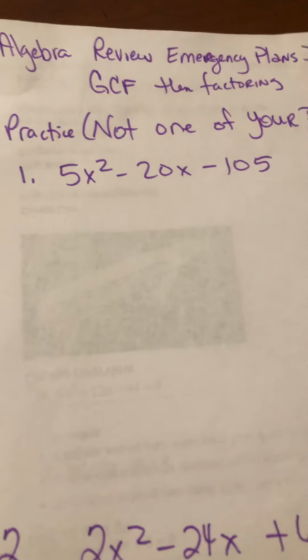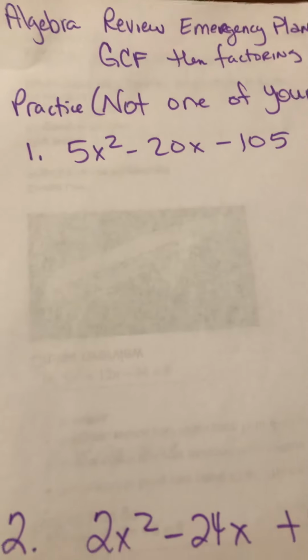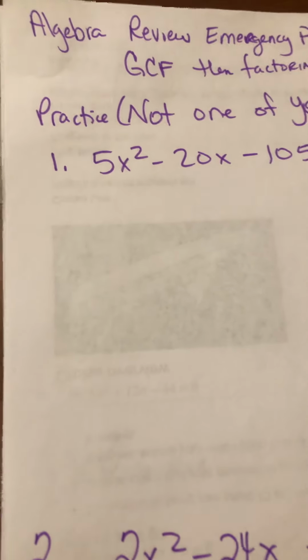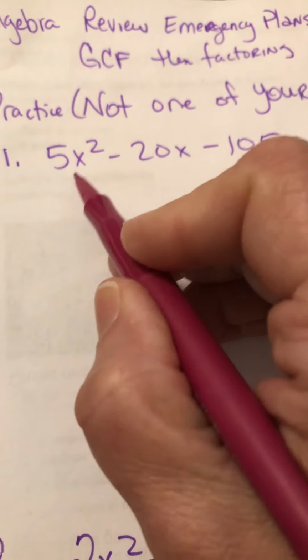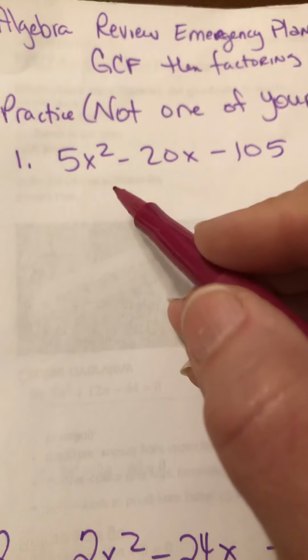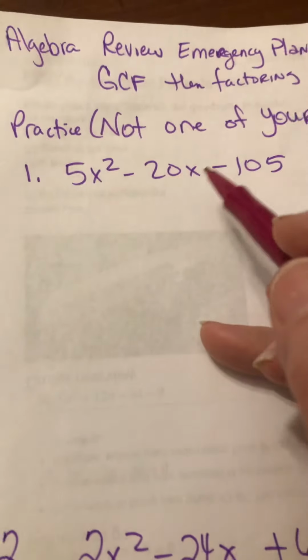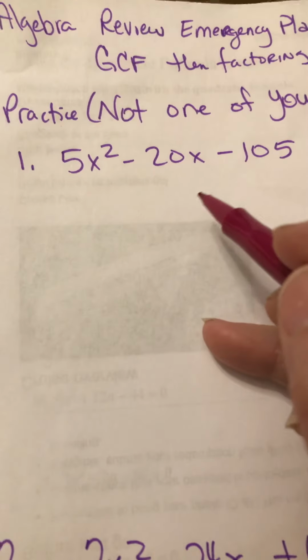All right, so here we go. What's different between this and what we did yesterday is we have this 5 in front of our x squared. And we cannot do Mitchell's method with a 5 in front of the x squared. Now, one of your options is to do factoring by grouping, or you could look at doing the quadratic formula to get solutions.